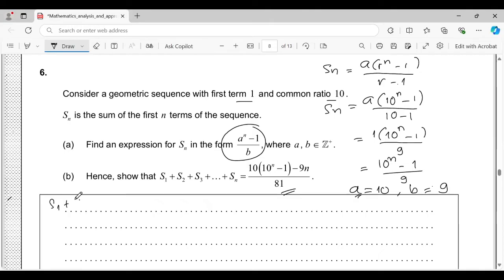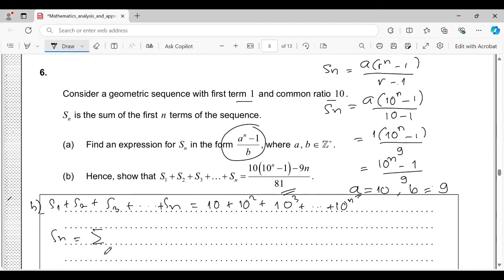So S1 plus S2 plus S3 up to Sn is 10 plus 10 squared plus 10 cubed, until 10 to the power n. But I will use this strategy, sigma. This is option B.